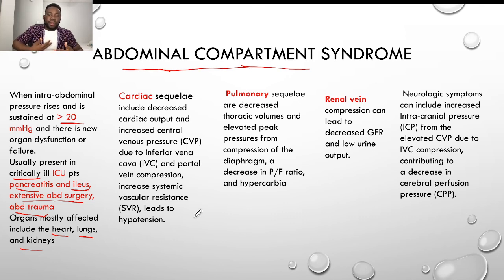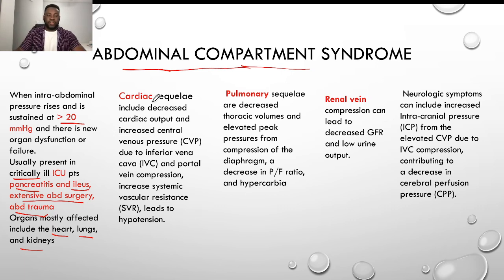Also, relaxation of the left ventricle during diastole is going to be affected as well. Now this same pressure is going to push on all the venous systems in the abdomen, especially the renal vein, so venous return from the kidney is going to be impaired, and that will transmit backwards and then decrease our GFR. So let's take note of this.